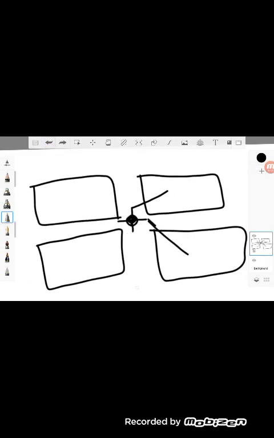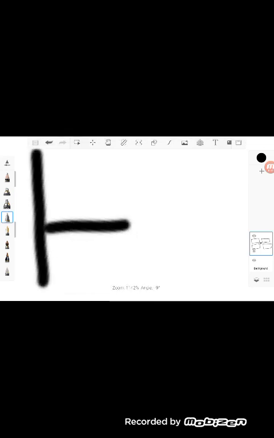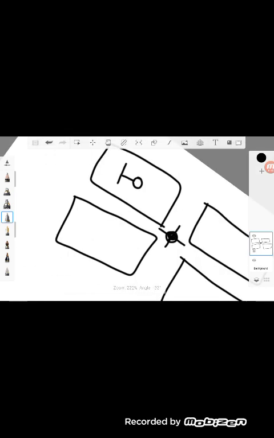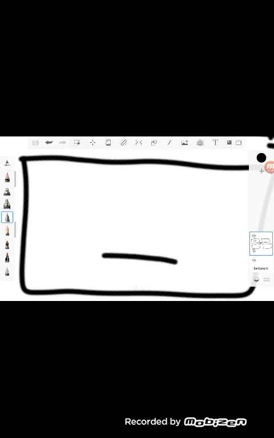And then we're gonna erase it. It's erased now. And let's put the Hangul alphabet.